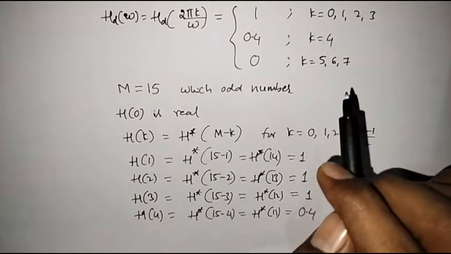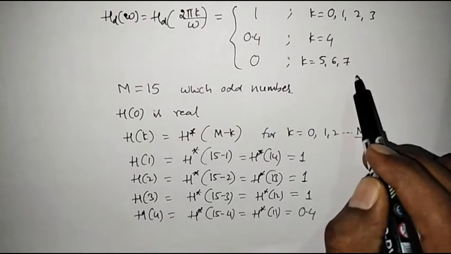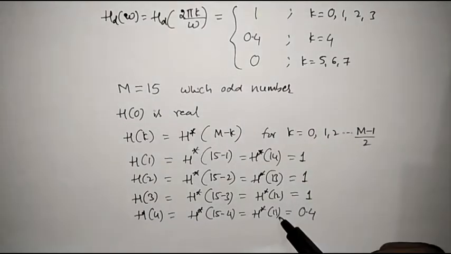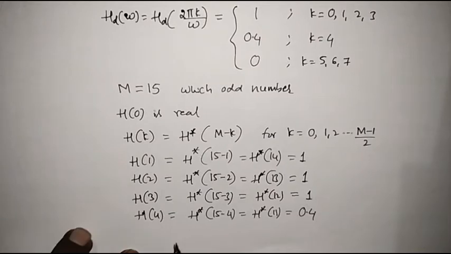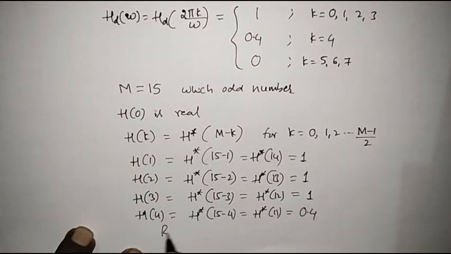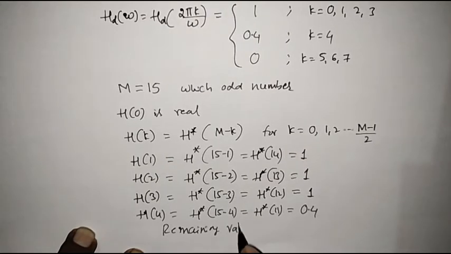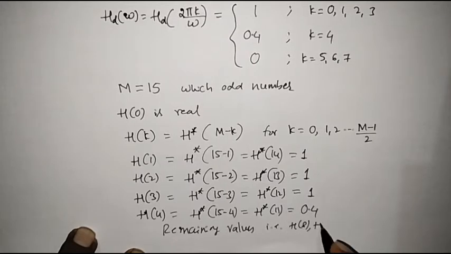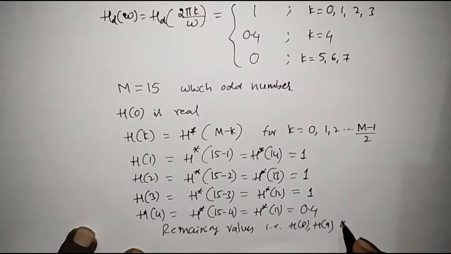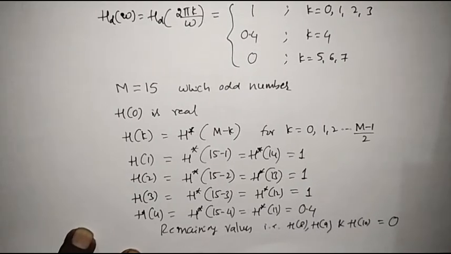In the given problem, k is defined for 0 to 7. Along with that, we have defined it for k equal to 11, 12, 13, 14. The remaining samples, that is 8, 9, 10, have values 0. Therefore, I can say that H of 8, H of 9 and H of 10 are equal to 0.